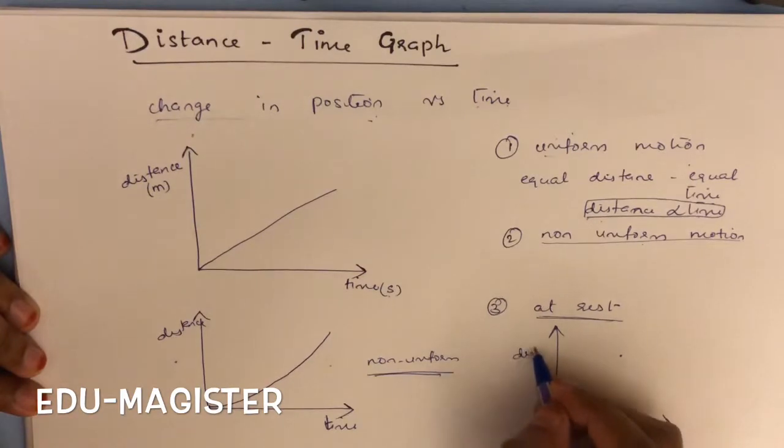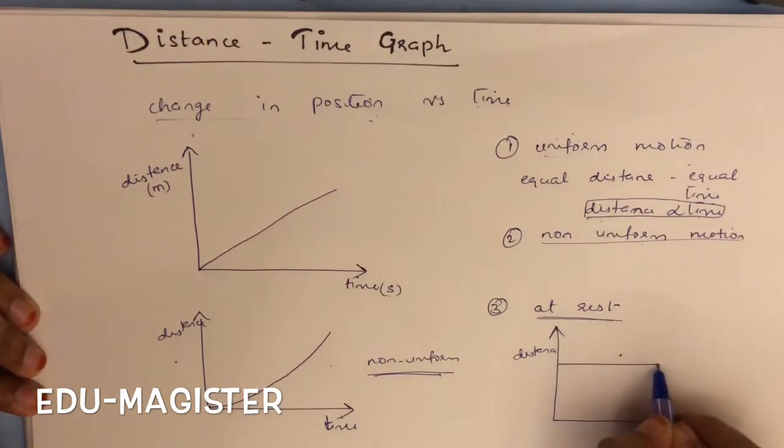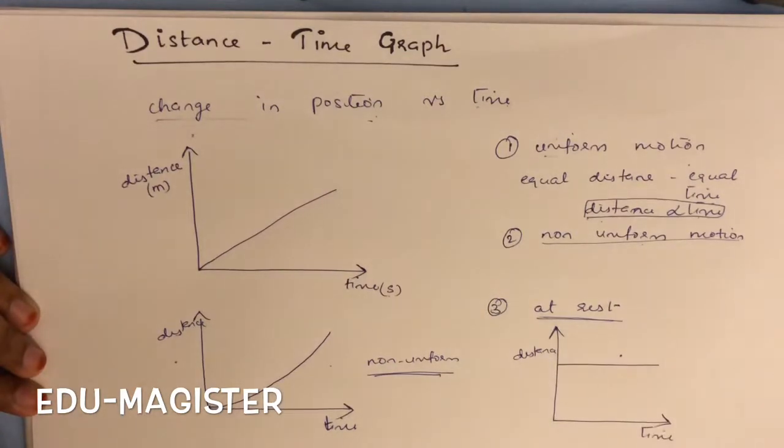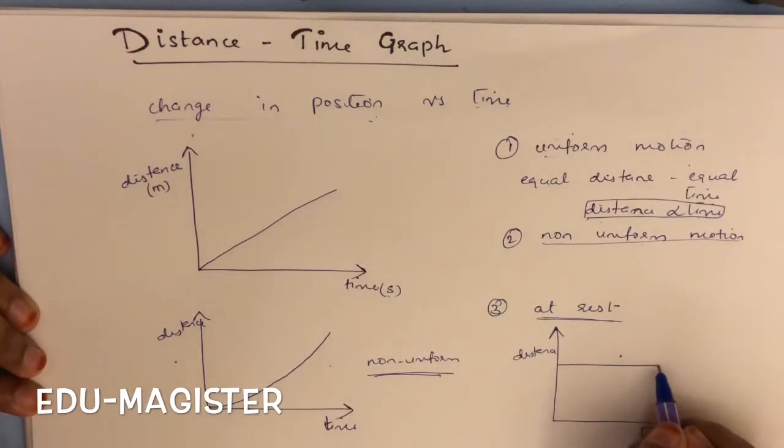So if we have distance here and time here, the graph will be a straight line or a horizontal line, right? Like this. The distance is not changing, but the time is passing. The time will pass, but the distance will not change because the object is at the same position. It is not moving.